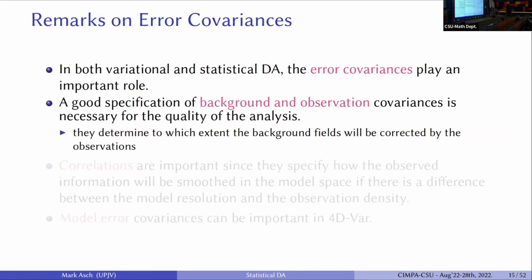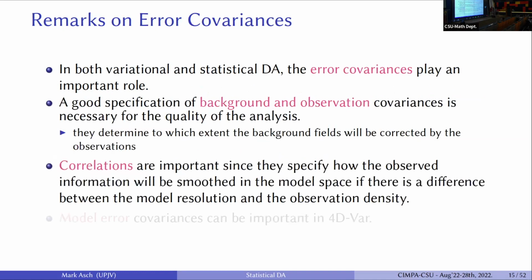There are some issues about the error covariances. They play a very important role, and a good specification is necessary for the quality of the analysis. There's a lot of experience and research done on how to correctly specify background and observation covariances, and there are different ways of correcting when they get too small or too large.